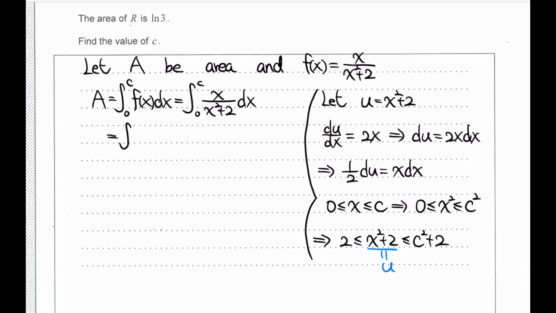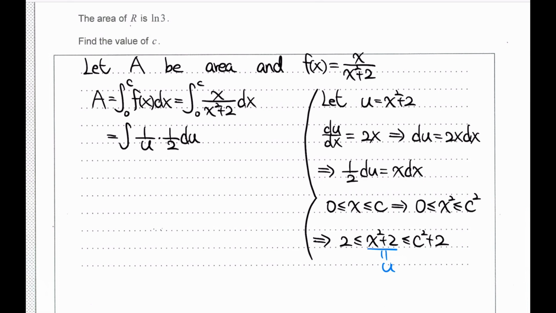So here the denominator x squared plus 2 is just u. So we have 1 over u, and then x dx is equal to 1/2 du. So the integral becomes 1 over u times 1/2 du. And then we take care of our new limits.